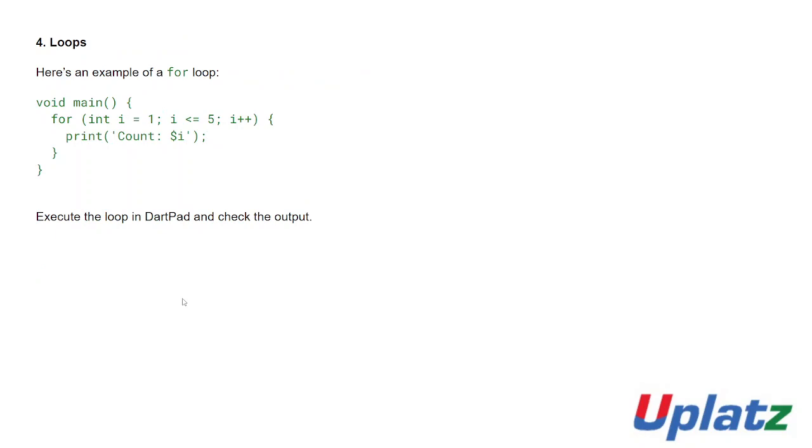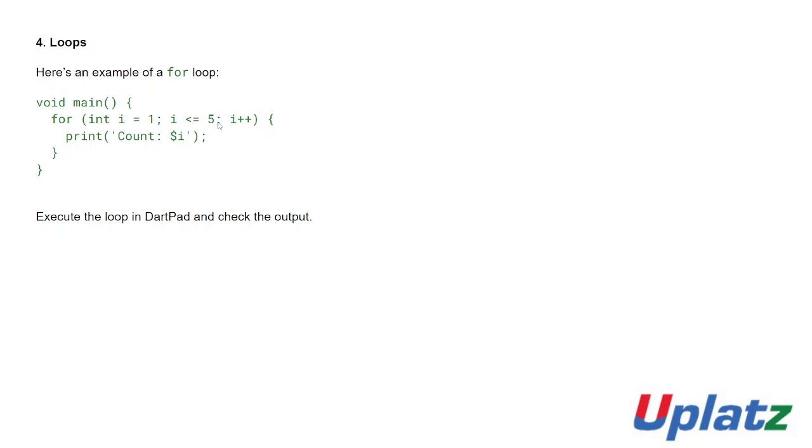Loops. Loops means it will circle within a loop. It will run the same command a specified number of times. Here is an example of a for loop. Void main, for int i is equal to 1; i less than or equal to 5.